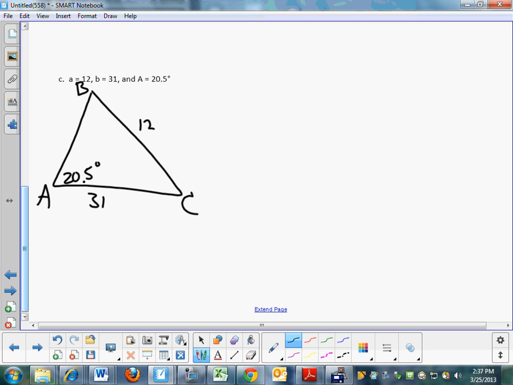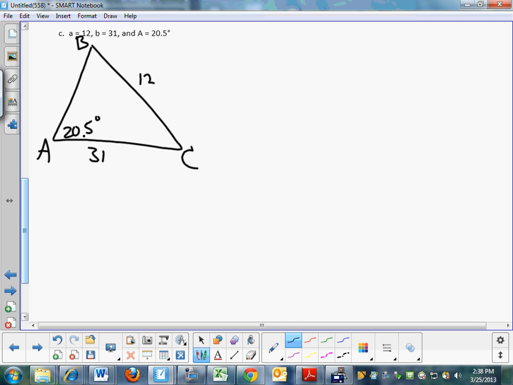What do you got? Side, side, angle again. Same situation. Side opposite the other given side is shorter. So therefore, we got one of two solutions. We either got one solution or two solutions. Let's set it up.